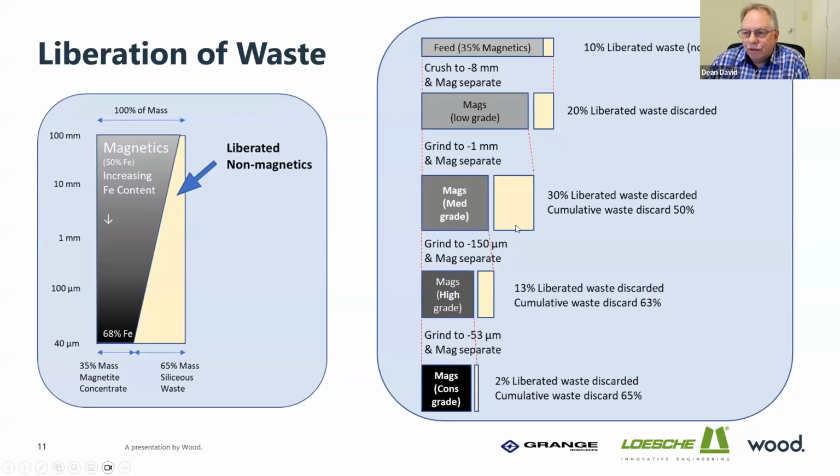And the trick with design is finding out what sizes are sensible to use in this sort of progression. And you'll find most magnetite deposits have at least 2, and sometimes 3, and sometimes 4 stages of grinding and then magnetic separation.